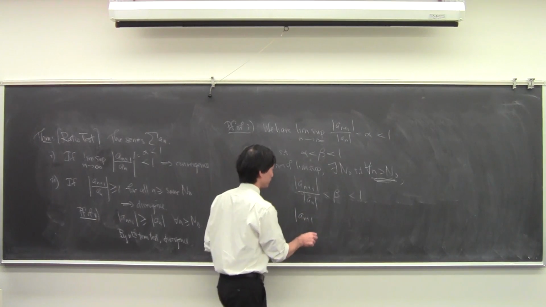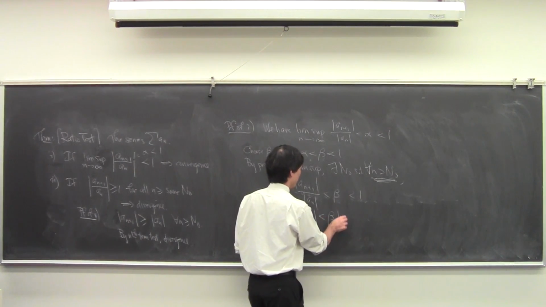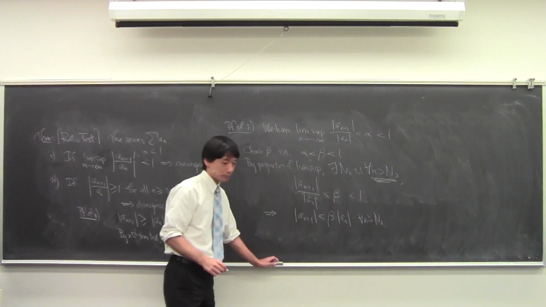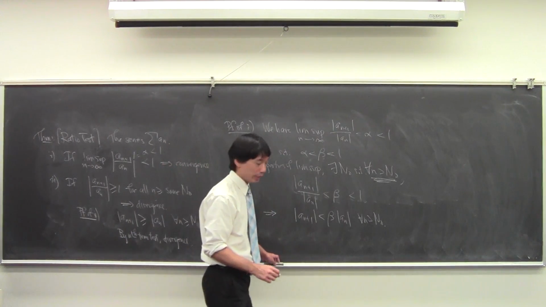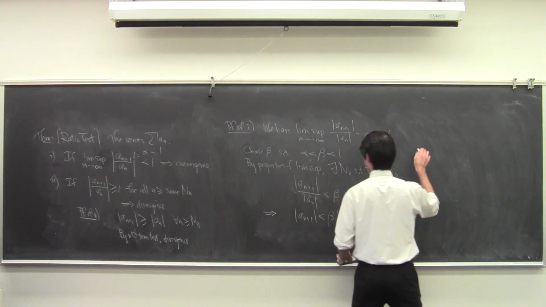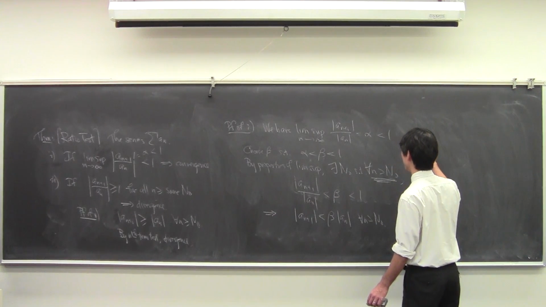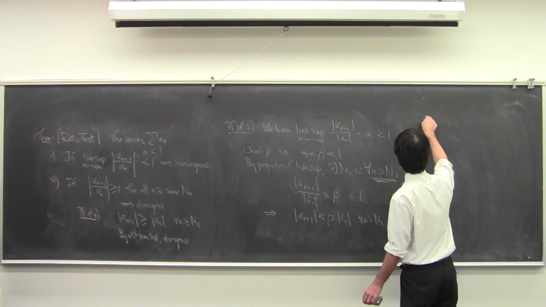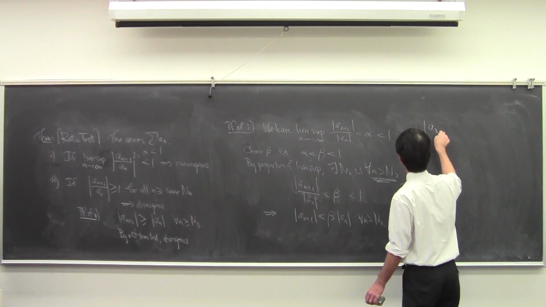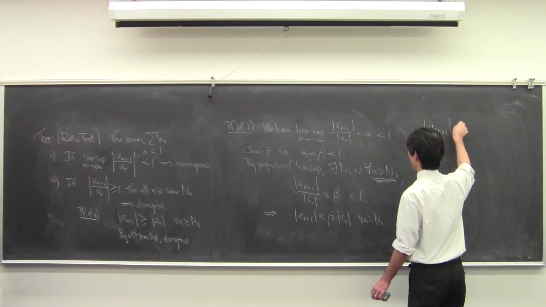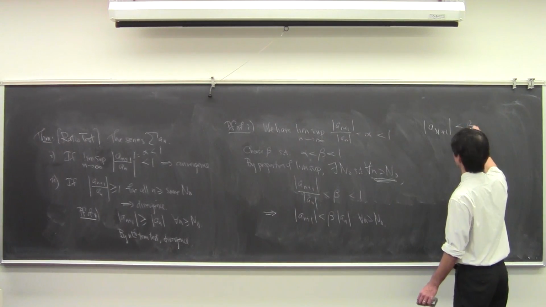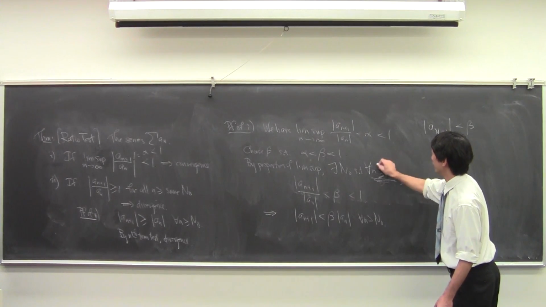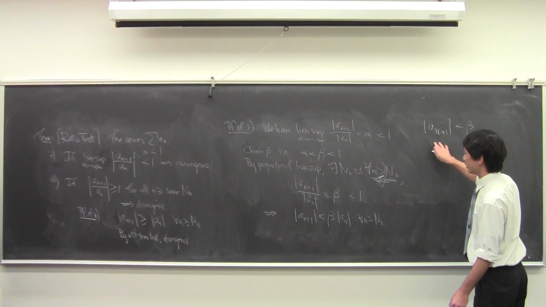But that tells you that a sub n plus 1 is less than beta a sub n for all n bigger than n naught. For convenience, let me just make this greater than or equal.